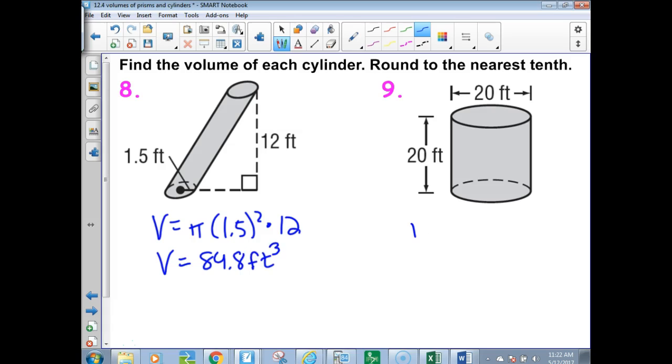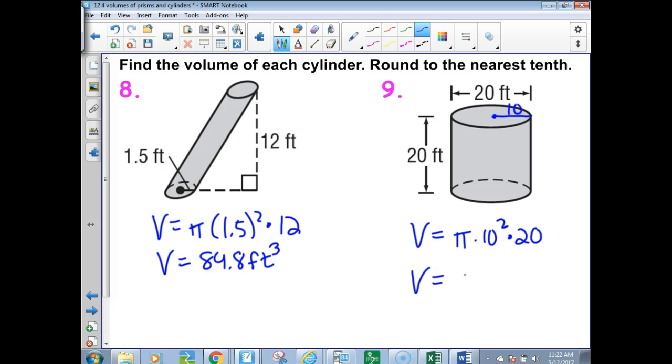Okay, next one. I bet we can do this pretty quick. You guys are getting to be very good at identifying that the radius is not 20, it's 10. And the height is 20. All right, just type away. I'm going to ask somebody for my answer. Brent, you already did it?